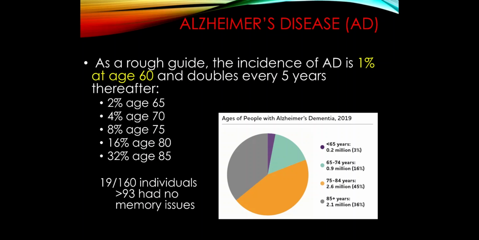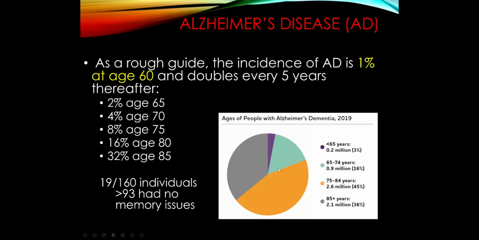But if you look at this study, not done too long ago, of 160 individuals who are 93 and older, only 19 had no memory issues. This doesn't mean they all had Alzheimer's disease, but there were frequently cognitive side effects of medications or other issues that may have been going on in those individuals, and certainly a fair number did have Alzheimer's.